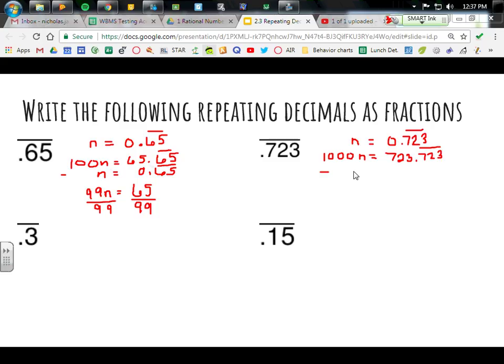I'm going to subtract my original equation, so that'll give me 999n equals 723.